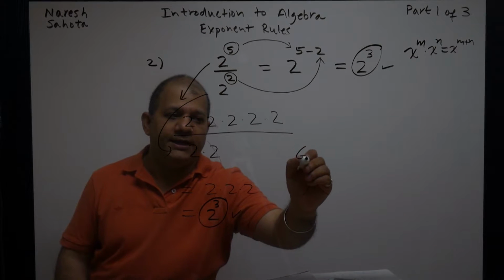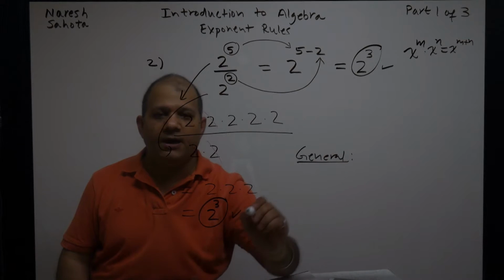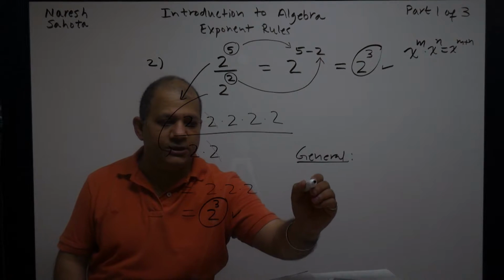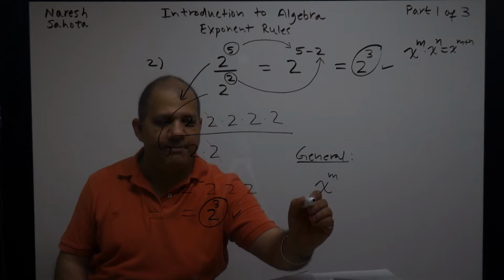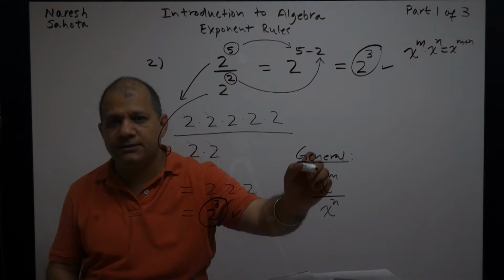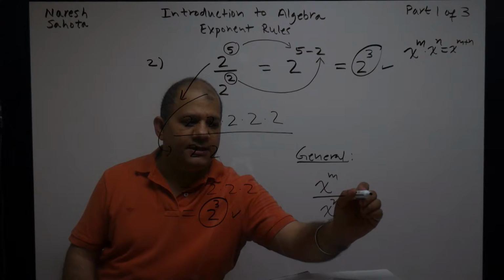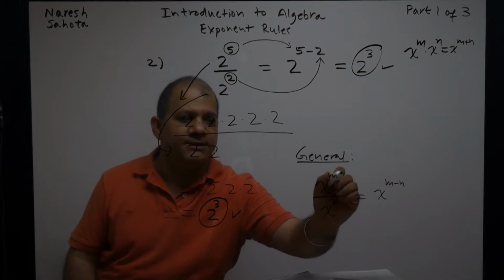So now, in general, I can summarize this. So if we have base x raised to the exponent m, divided by base x raised to the exponent n, so I'm dividing same bases, then the exponents get subtracted. So it's x to the m minus n.